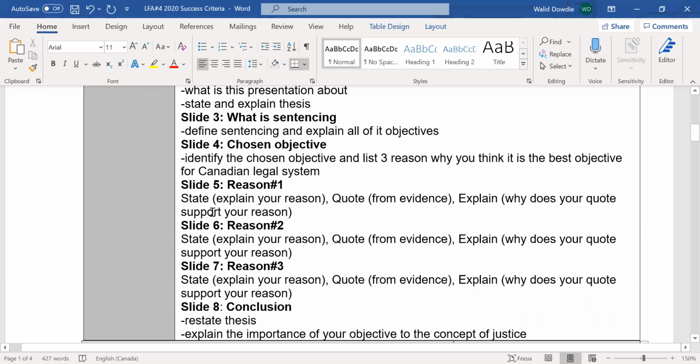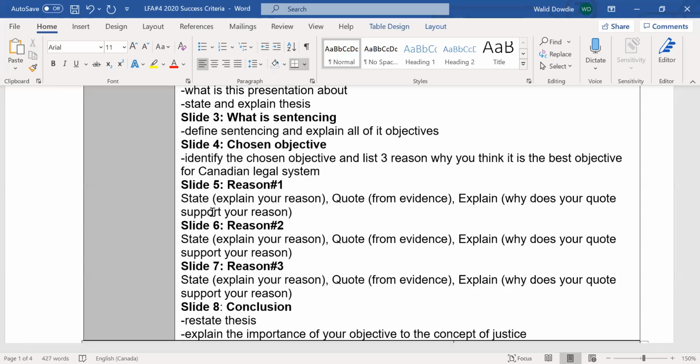Now, again, this can be more slides or less slides depending on how you organize your slides. Sometimes your slides can have multiple columns, so it can all be on one slide. So slides 5 and 6 could be your first reason, 6 and 7 could be your second reason.